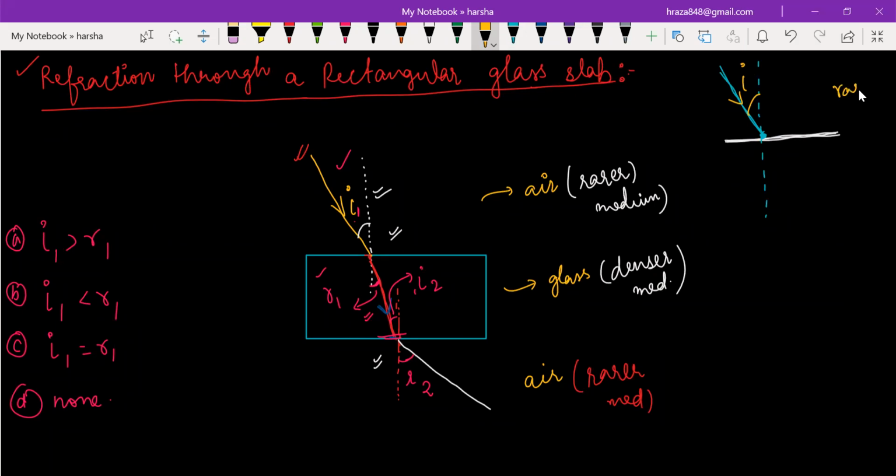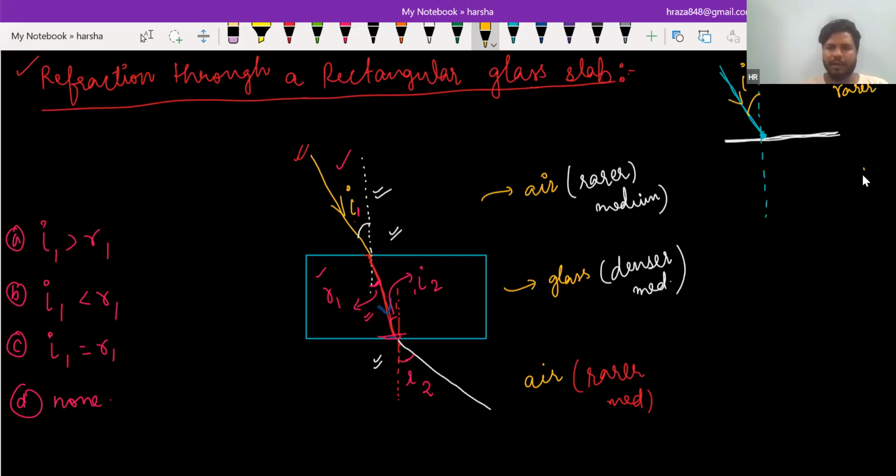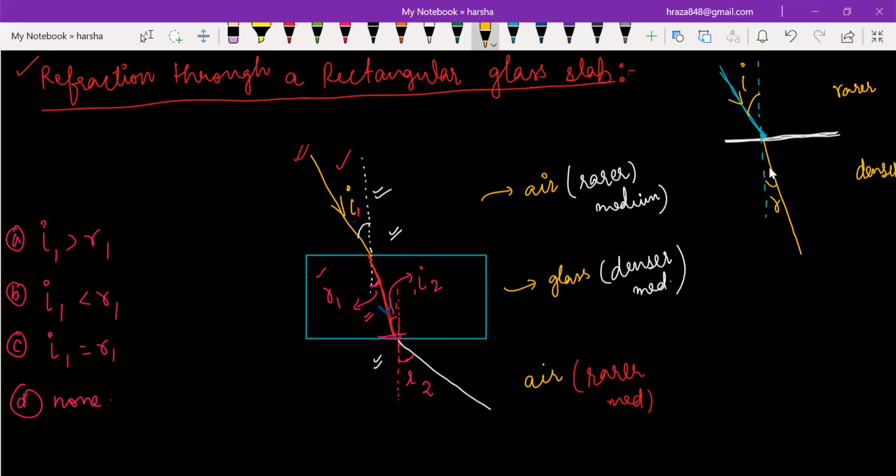Now see, this is rarer and this is denser. What I told you is that when a ray comes from rarer to denser medium, it will bend towards the normal. Now, looking at the diagram, what is the angle of refraction? The angle between the refracted ray and the normal is called the angle of refraction.